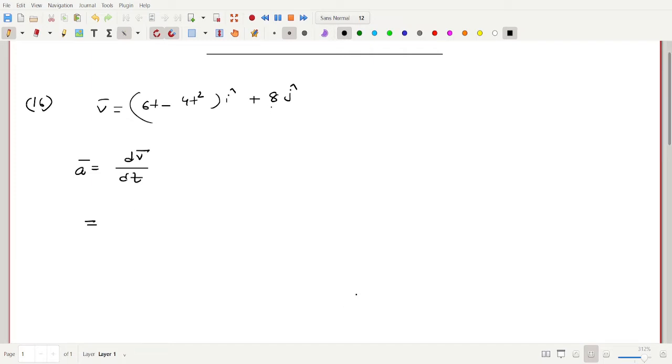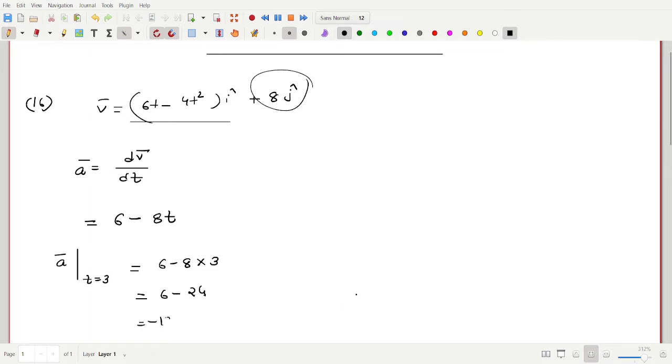There is no t in the j term, so we just take the derivative of the first term, and we have 6 minus 8t. Now a at t equals 3 equals 6 minus 8 into 3, that is 6 minus 24, minus 18 meter per second square.